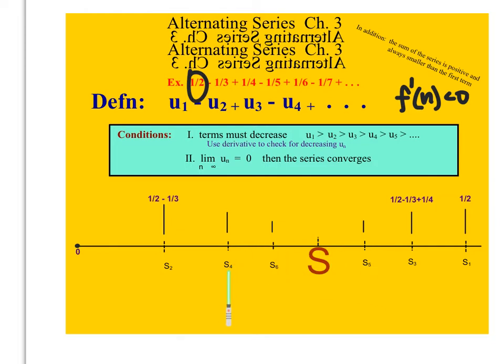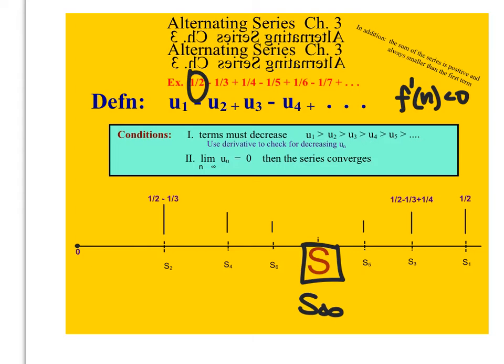Then we add 1/6. Then we subtract 1/7. What are we doing? We're basically oscillating back and forth until we get to this value right here, which is our infinite sum. All right, so that's what an alternating series will be doing visually.